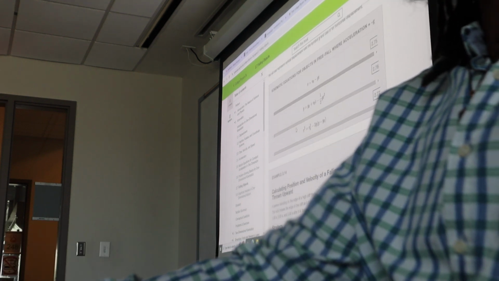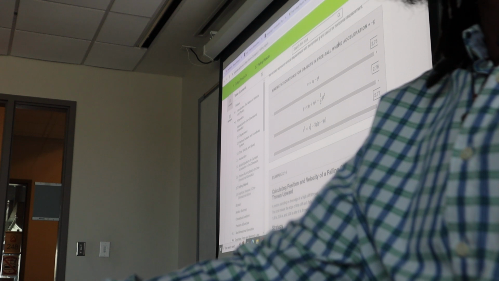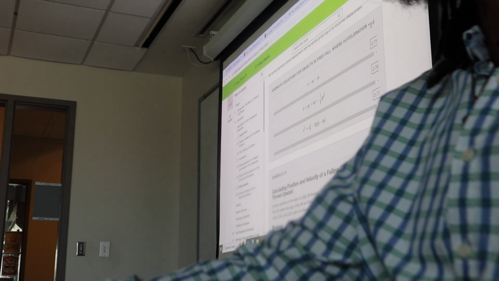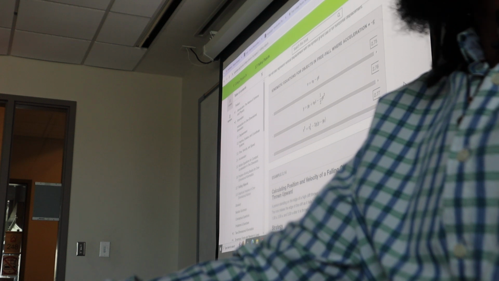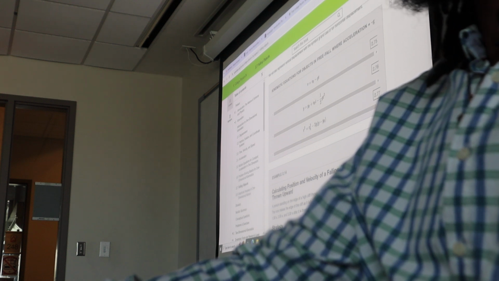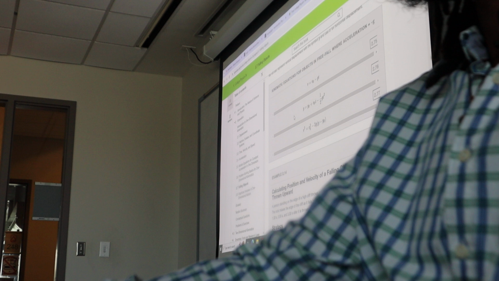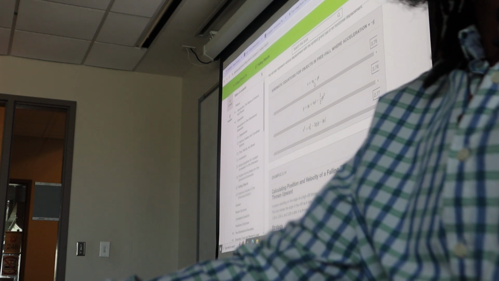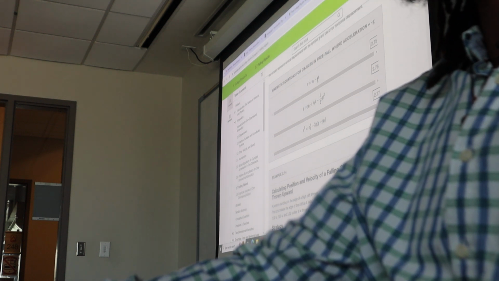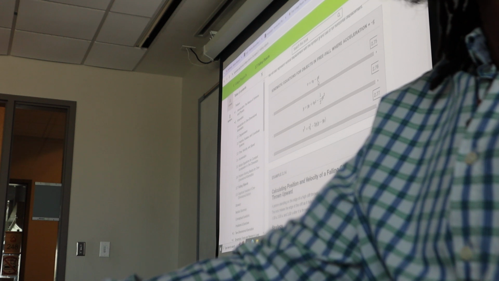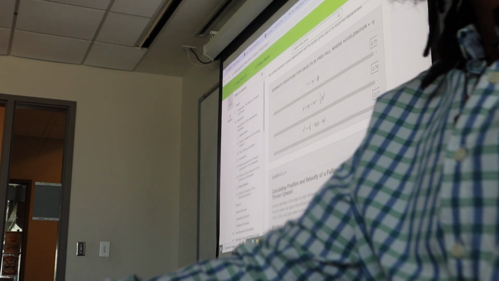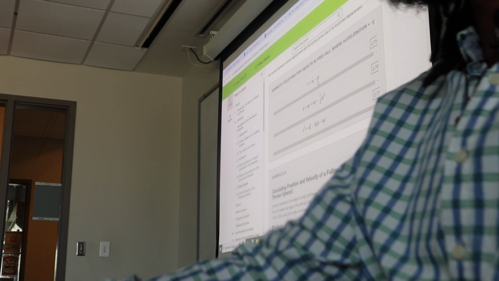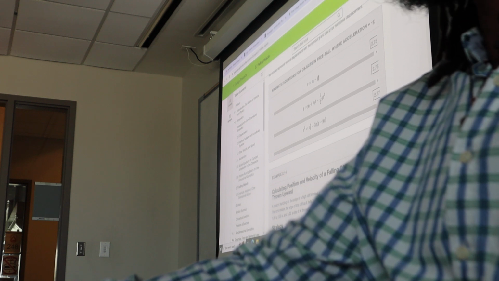So here are the kinematic equations for objects in free fall, where acceleration is negative g, where it's going down. So velocity equals the initial velocity minus the gravitational acceleration times t, so that's 9.80 meters per second squared.